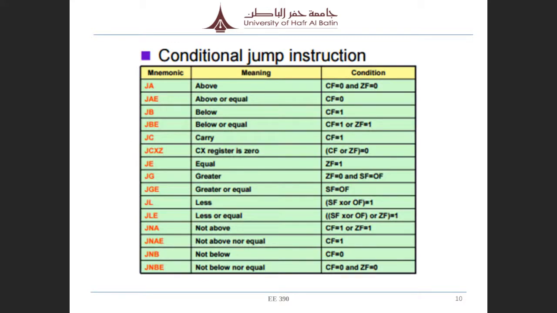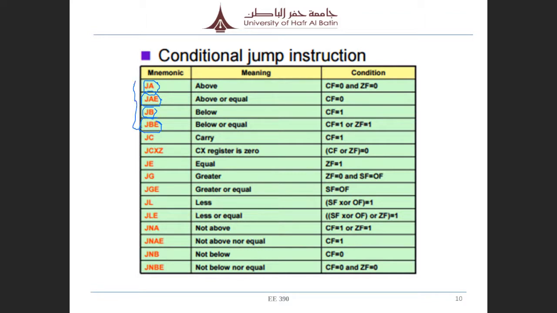Okay, now look here. There are some jump instructions in assembly language. One is called JA, jump above. If you compare, for example, A and B, and A is greater than B, then jump above; or jump above or equal, or jump below or equal. These we haven't used so far.